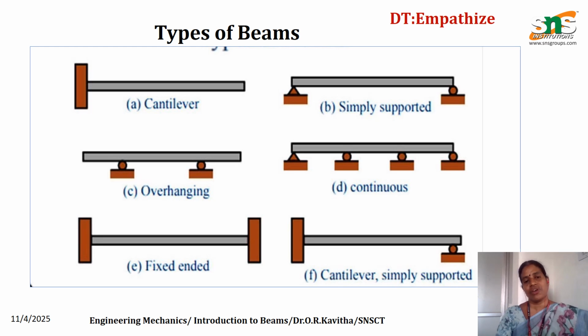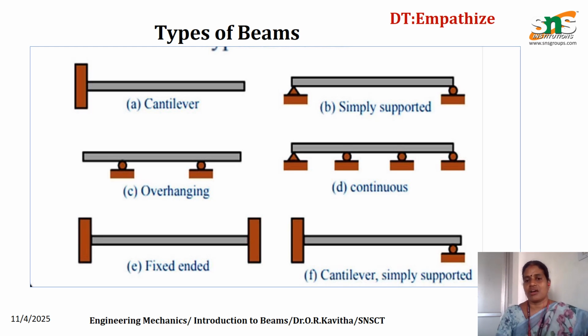So we are calling this beam a cantilever. Here you can see both the ends are supported, one side by a hinge and another side by a roller. Here 2 supports are there, but beyond the support some portion of the beam is overhanging, therefore it is nothing but an overhanging beam. And here the supports are more than 2.